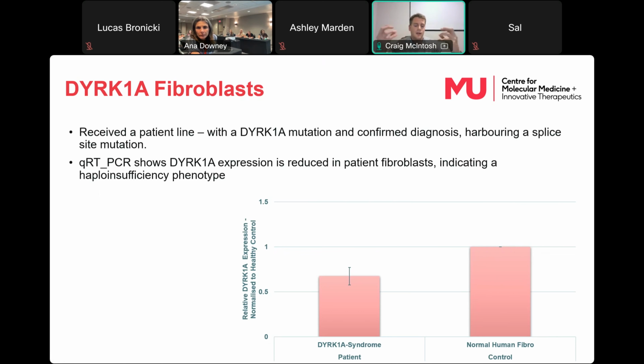In a haploinsufficiency phenotype or disease, which is what DYRK1A syndrome is caused by, it's generally caused by about half the gene message being produced and then being made into a protein. So although this is not exactly half, you can see that the patient does have reduced DYRK1A expression when compared to various healthy controls.